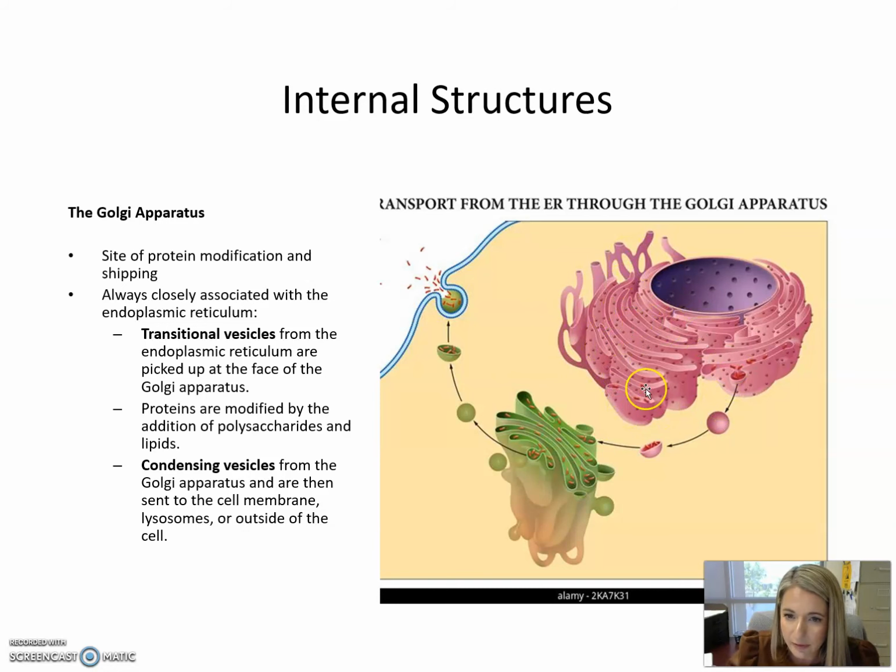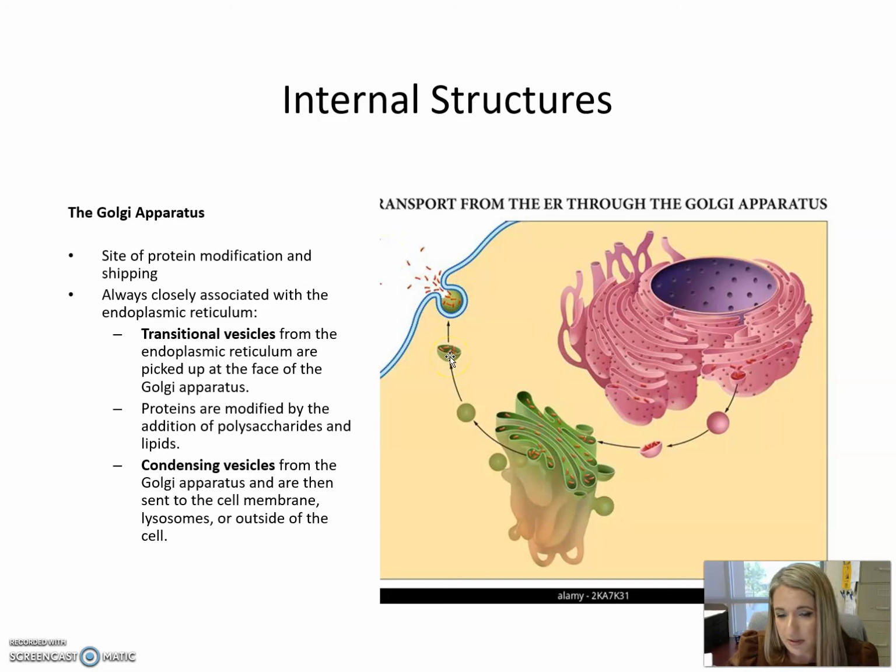Looking at the rough ER, we can see that the ribosomes on it are producing proteins, which are then being stored in the rough ER and then transported out to the Golgi apparatus, where they are chemically modified and then sent to the final location, which for this specific example is to be exocytosed out of the cell.